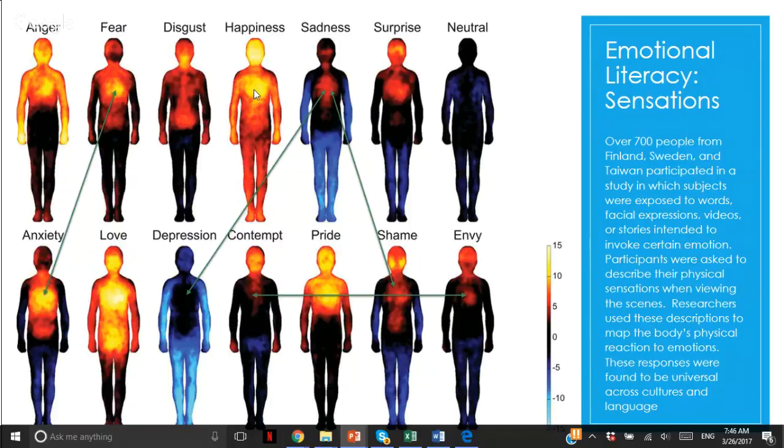Yellow is a strong energy coming to you, and then red is not as intense as yellow. Black, like for instance in anger here, or neutral, means there's no feeling at all. Blue means that you've lost sensation.